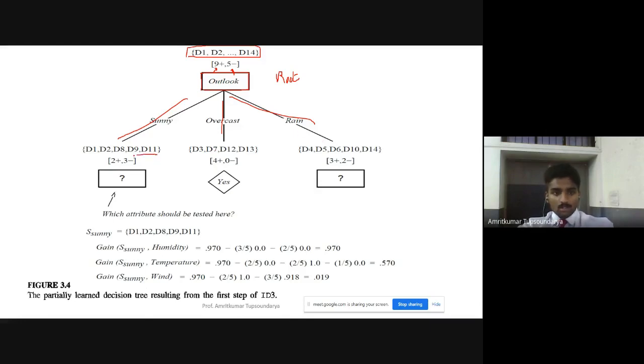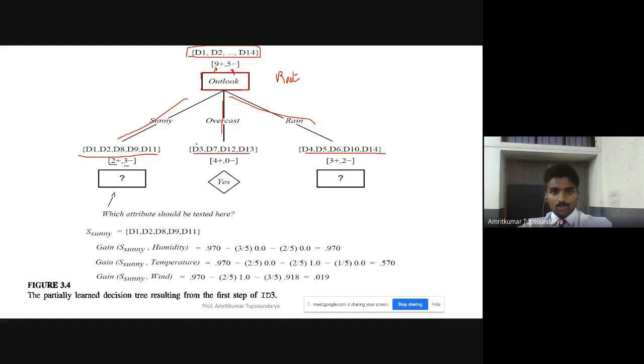Now, out of all these training examples, 2 are positive. That means out of these, 2 are conditions wherein the outlook is sunny and the outcome, play tennis, is yes. So 2 are positive and the remaining 3 are negative.